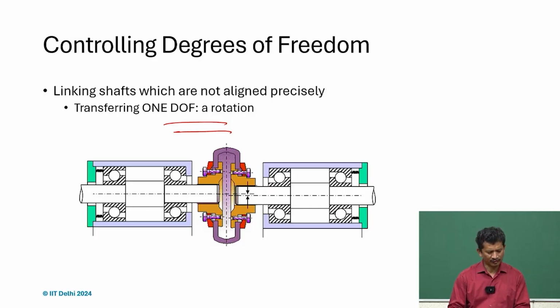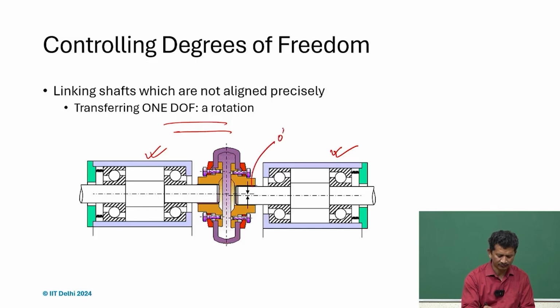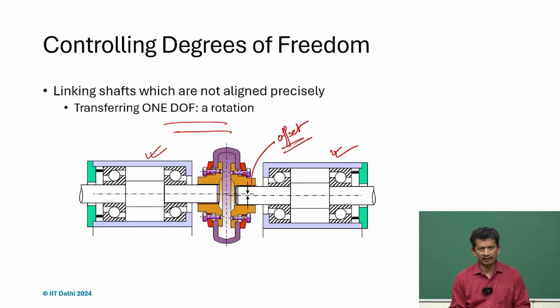So, for instance, this is the input and this is the output, and what we observed here, there is an offset here. So, in many applications when we are transferring rotational motion or want to transfer the torque to the other side through shafts, we use a coupling.